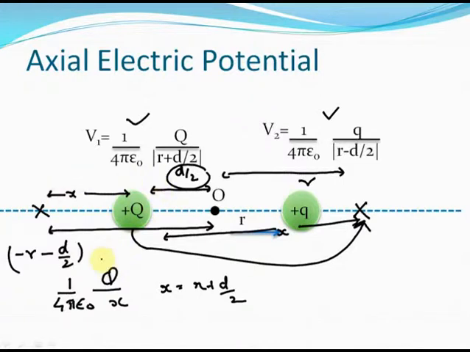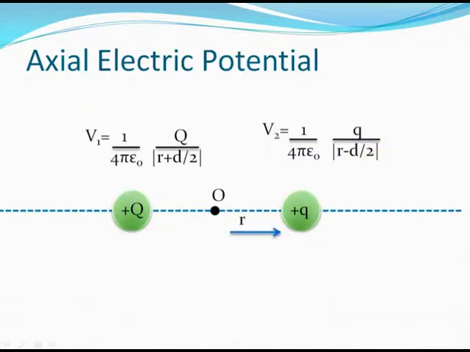So to account for both this expression and this expression, x is sometimes r plus d by 2, sometimes it's minus r minus d by 2. I have written modulus of r plus d by 2, which simply represents the distance of the point at which the potential has to be calculated from the plus capital Q charge. Similarly, this expression here is modulus of r minus d by 2.